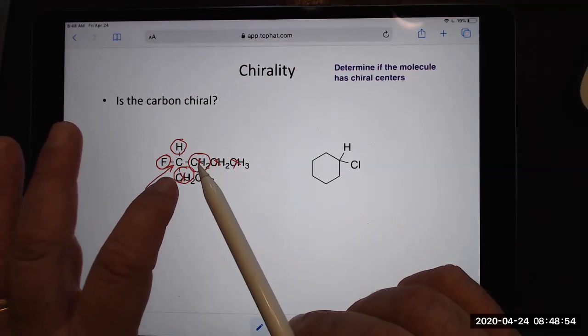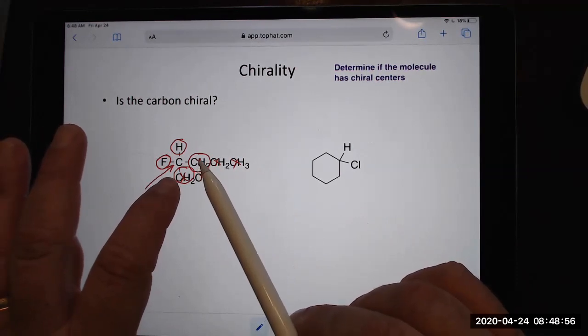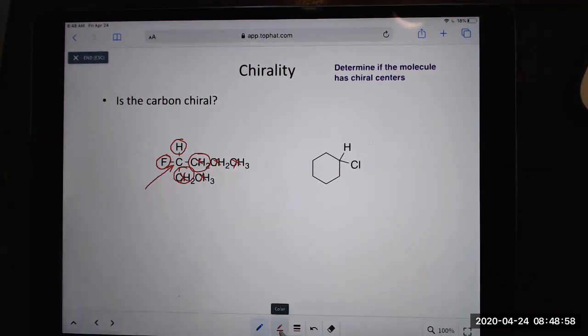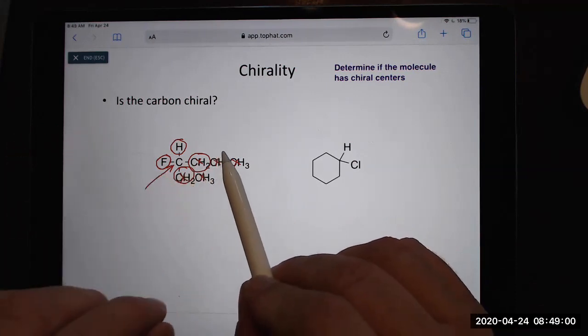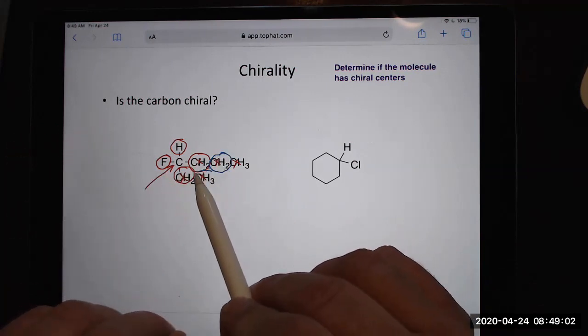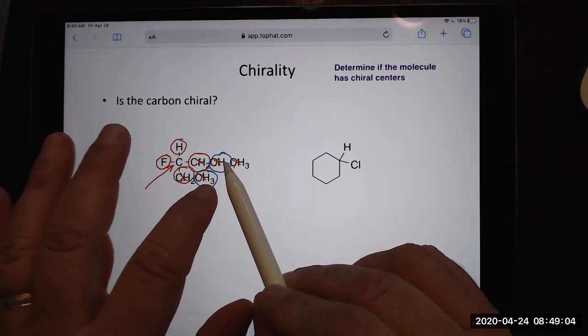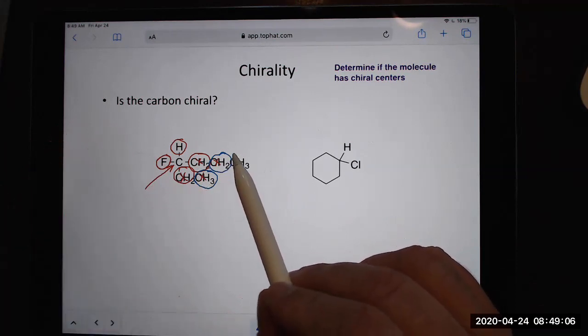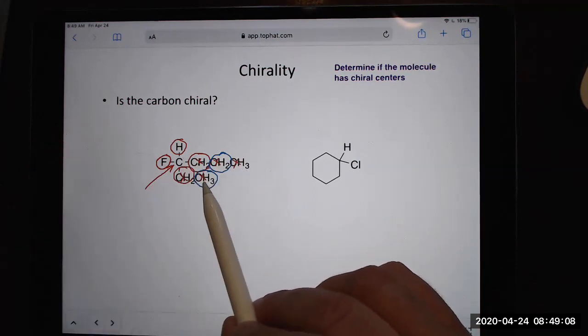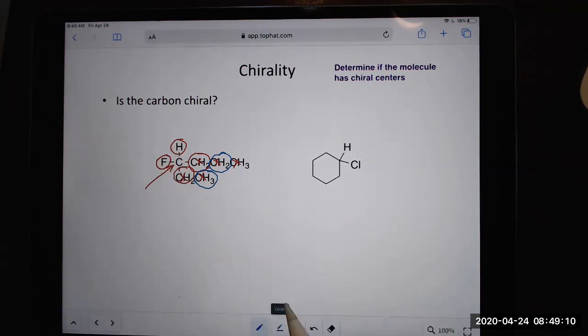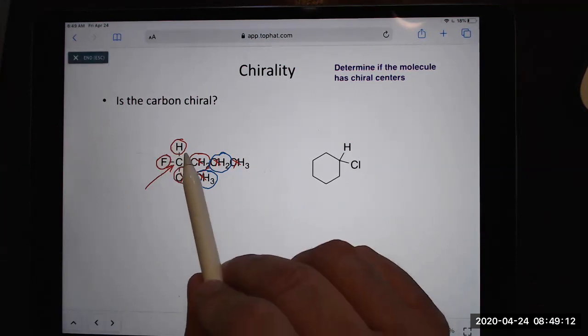Those are the same. So we hop out here and compare this CH2 and CH3. Those are different, which means this is different from that, and so this is a chiral center.